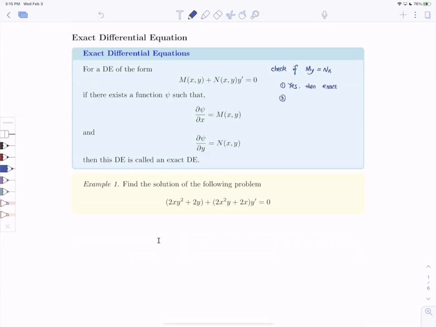If not, then it's not, but you might be able to find some other way to make it exact. We'll talk about that later too. You might need to multiply both sides by something to make it an exact equation.